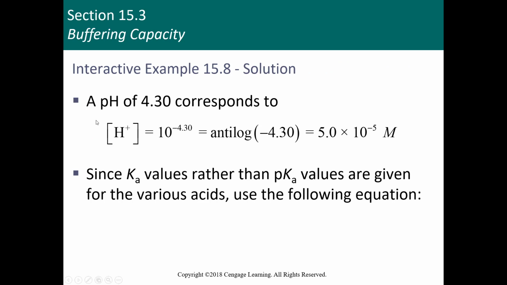Now for a pH of 4.3, if we want to get the H plus concentration, we want to undo the p, get rid of it. We take 10 to the negative 4.3. And that will give us 5 times 10 to the negative fifth. And so we can compare those directly to our Ka values now, so we don't have to convert each Ka to a pKa.